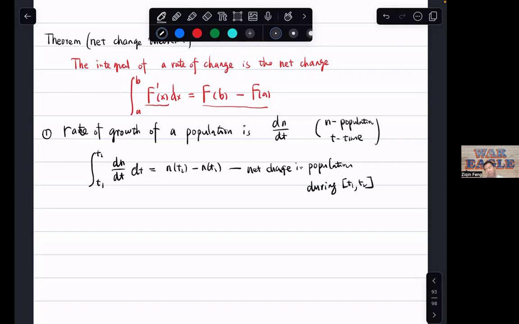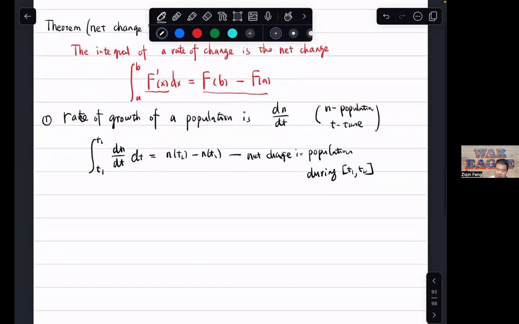That's straightforward to see, a direct application of the net change theorem.